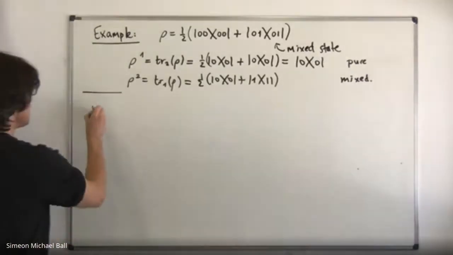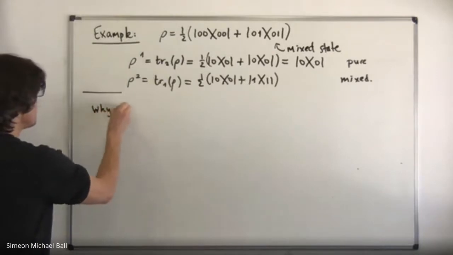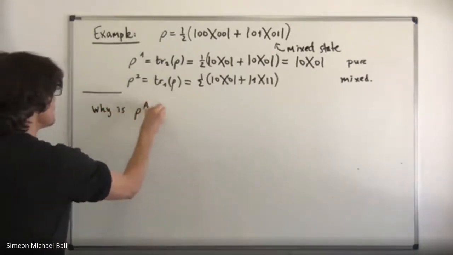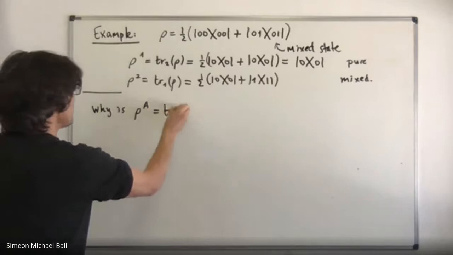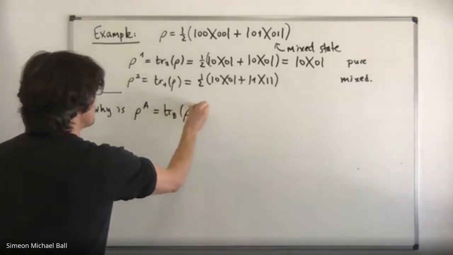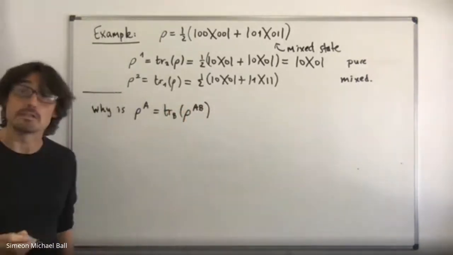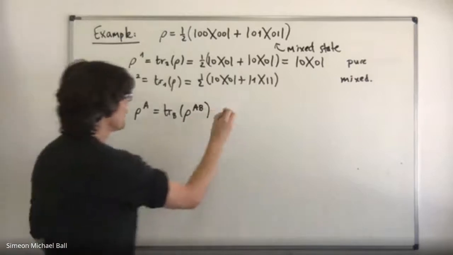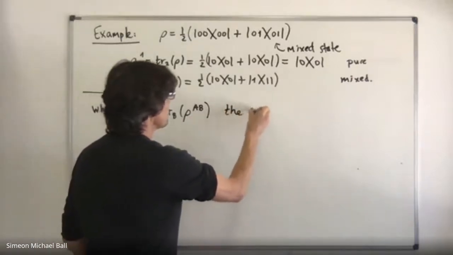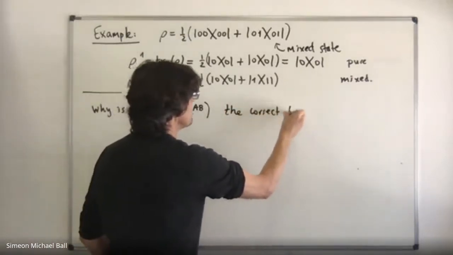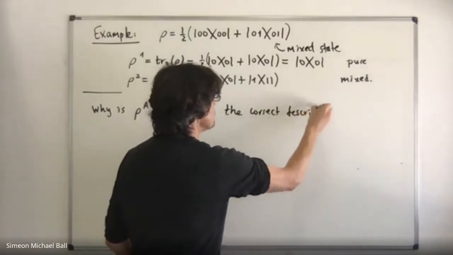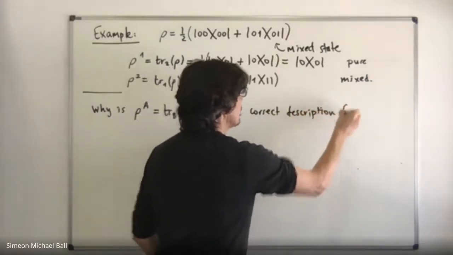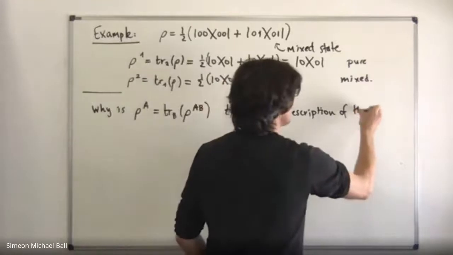So what is rho A, which is the trace over B of the density operator on the composite system? Is it the correct description of the A system?